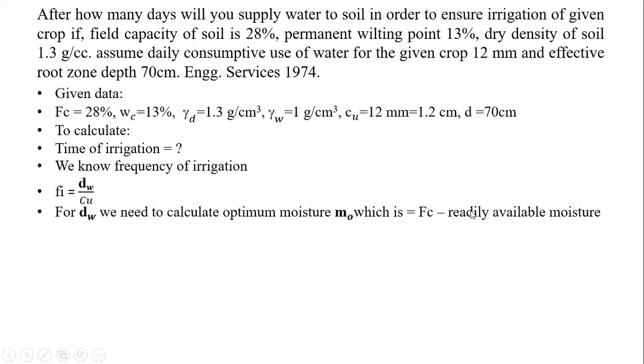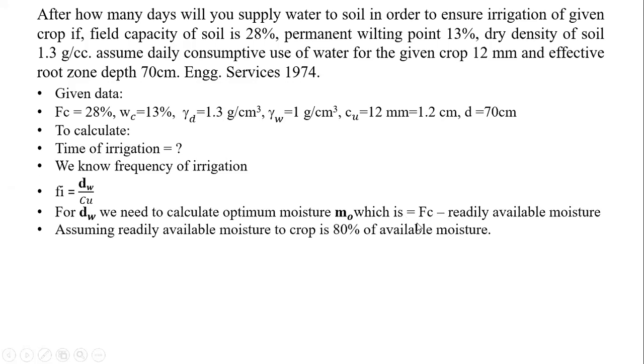That readily available moisture is about 80% of the available moisture. It means firstly we will need to calculate the available moisture. So how to go for that, we will see now. Assuming readily available moisture to the crop is 80% of available moisture, means whatever moisture is there in the soil, out of that, 80% will be available to the crops.